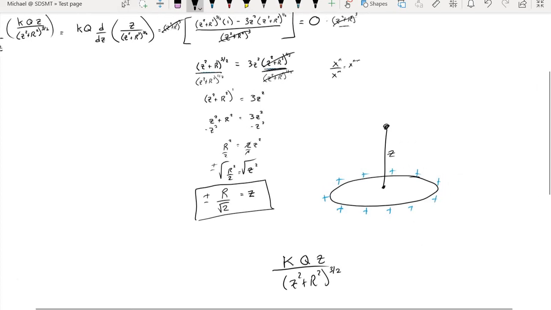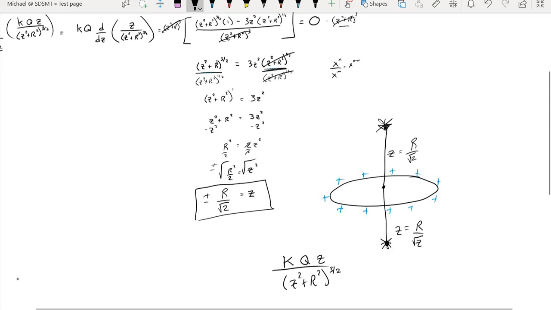Well, we can either go positive r over root 2 above the ring and achieve a maximum electric field magnitude, or if we just flip our screen over, there's nothing that says that we can't drop below the ring.